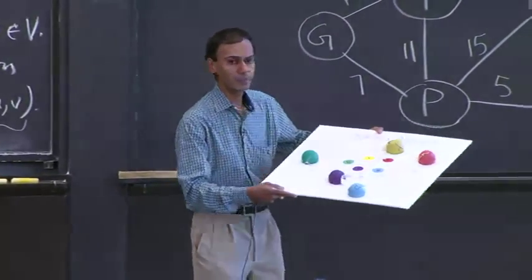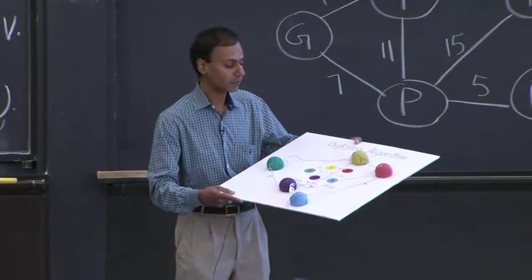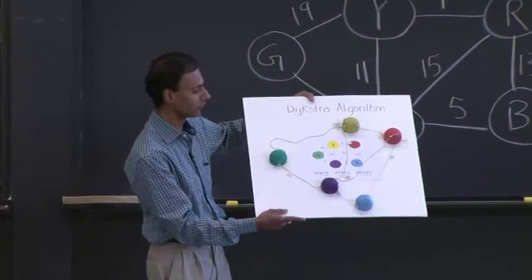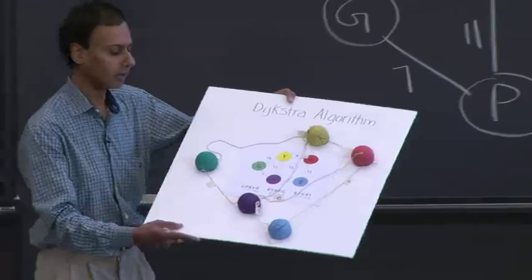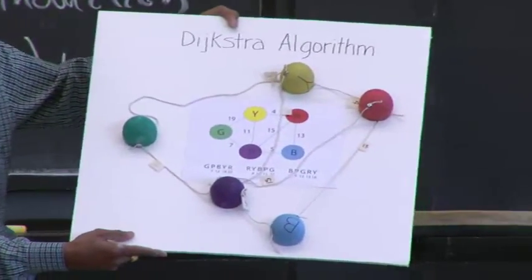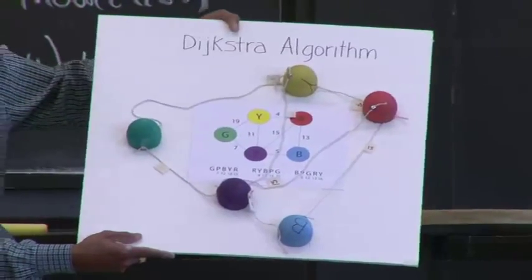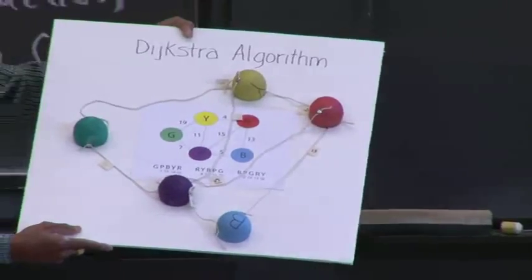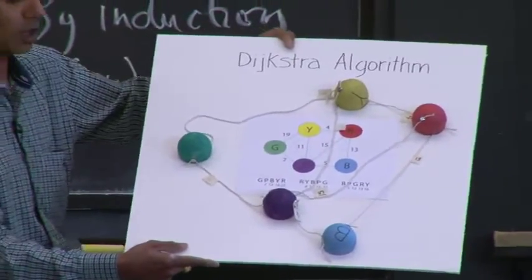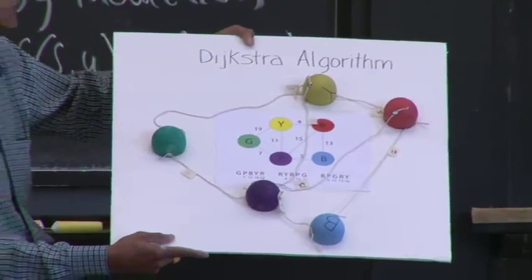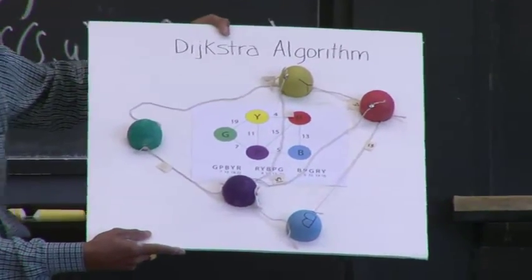Now, some points of note. I can't tilt this more than about this much, because then these balls will fall off. So cameraman, can you get this? All right, for posterity. I've got an undirected graph here, and the balls are the nodes, or the vertices. I've drawn the picture over there. G stands for green, and Y stands for yellow, et cetera.